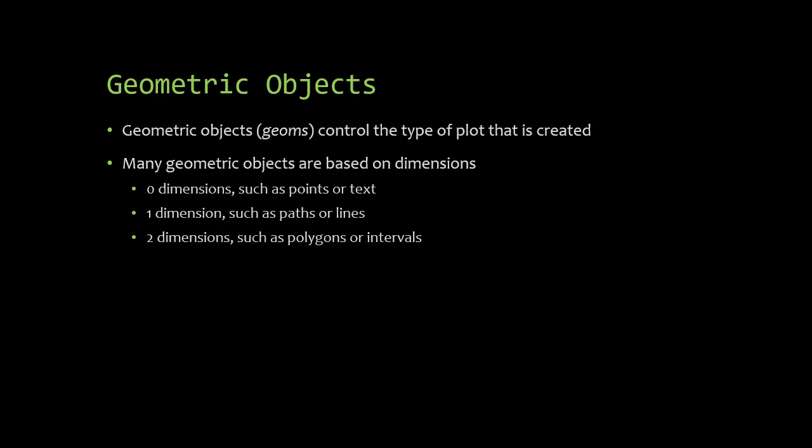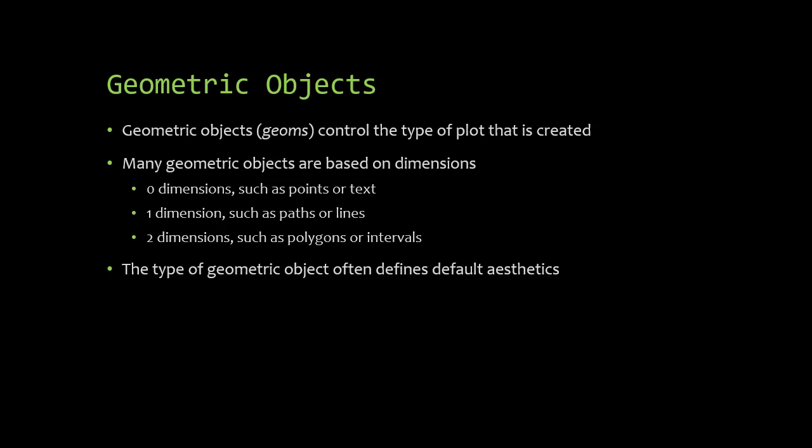If you're dealing with two-dimensional objects, you can have polygons or intervals. The type of geometric object often defines the default aesthetics. That is, what you have as an aesthetic by default is known from what geometric object that you're using.